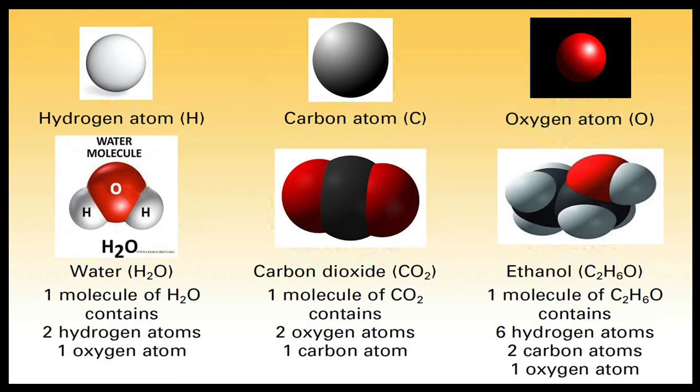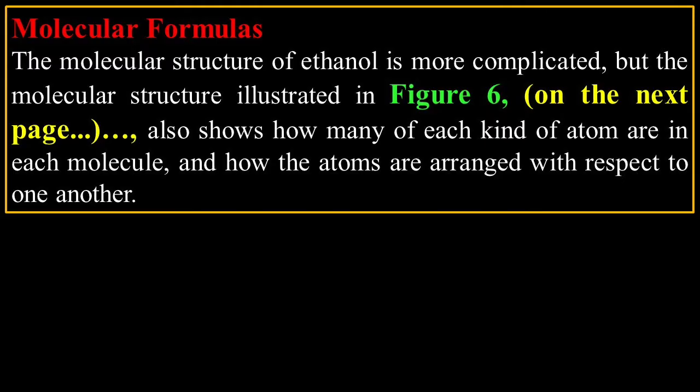You can even see the geometry that exists among the atoms that form the individual molecules. The molecular structure of ethanol is more complicated, but the molecular structure illustrated in Figure 6 also shows how many of each kind of atom are in each molecule and how the atoms are arranged with respect to one another.